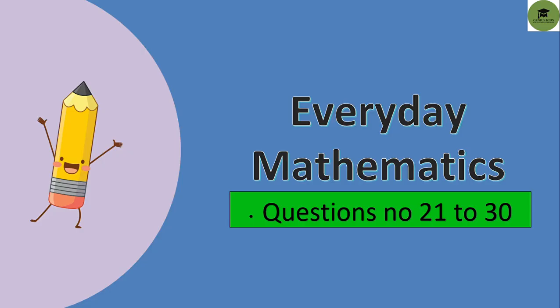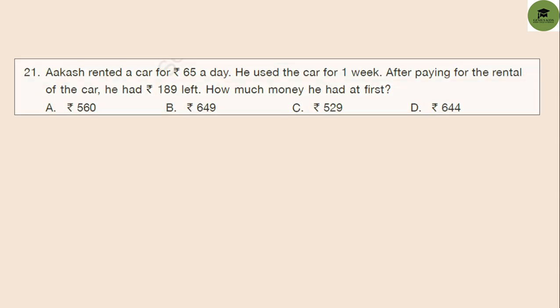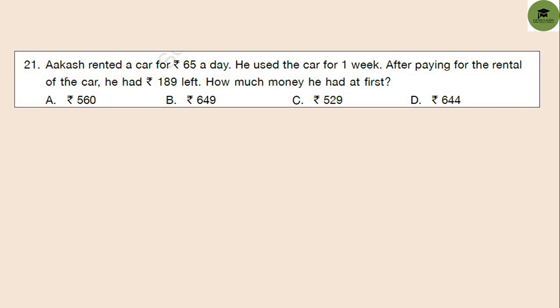Okay. Now everyday mathematics. There are 10 questions in this series. Okay. Akash rented a car for rupees 65 a day. He used the car for 1 week. After paying for the rental of the car, he had 189 rupees left. How much money did he have at first?